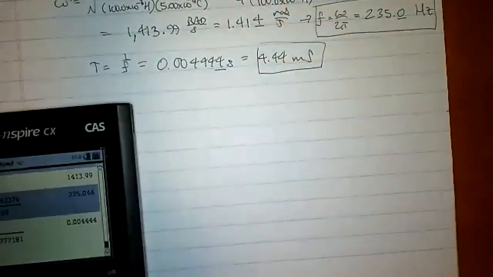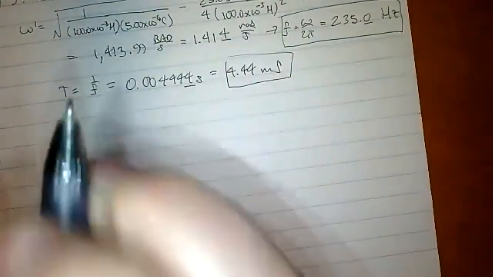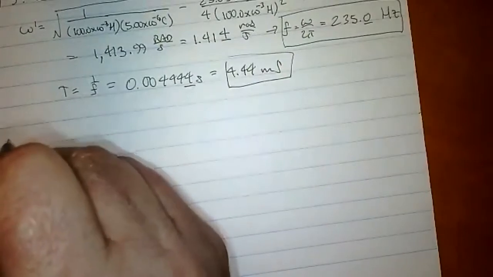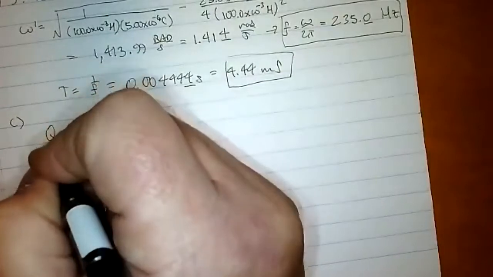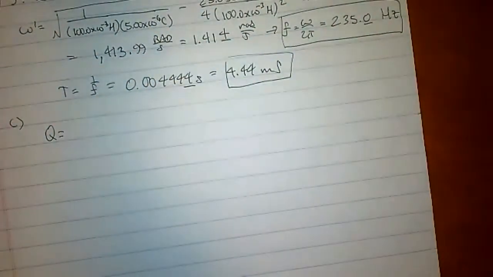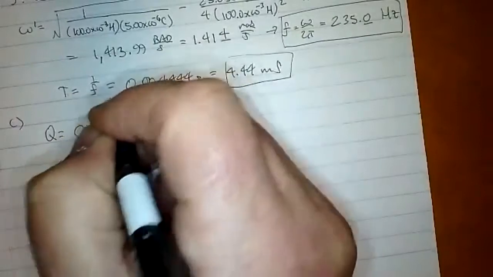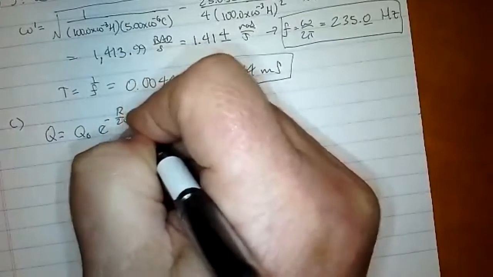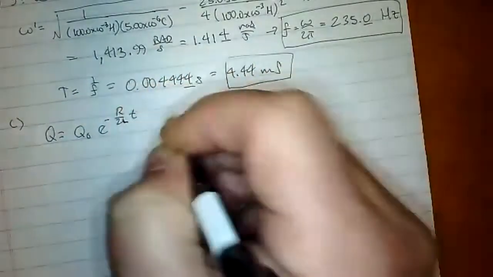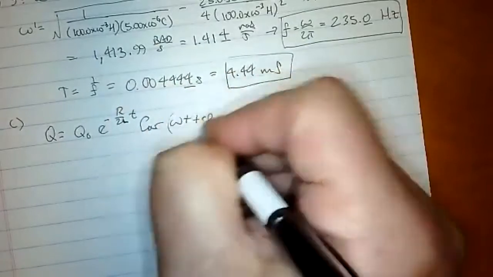And part C, at what time will Q equal 1/2 Q0? So what we found was, let me pull back the notes, Q was equal to Q0 times e to the negative R over 2L times t, times cosine omega t plus phi, right?